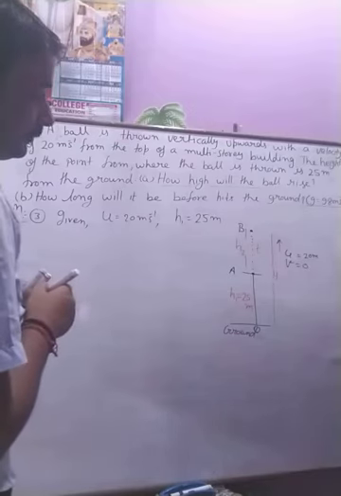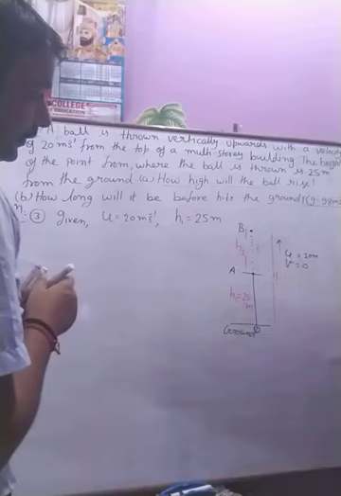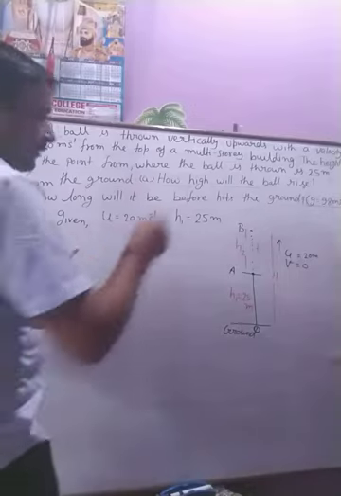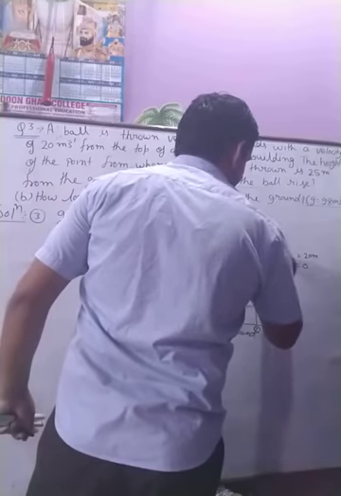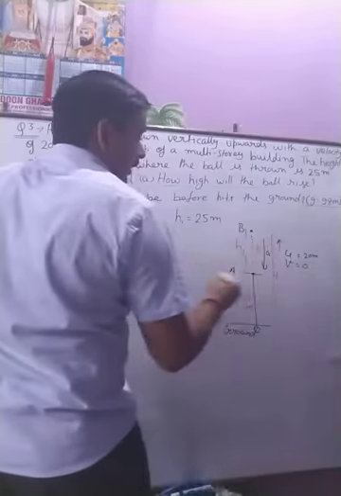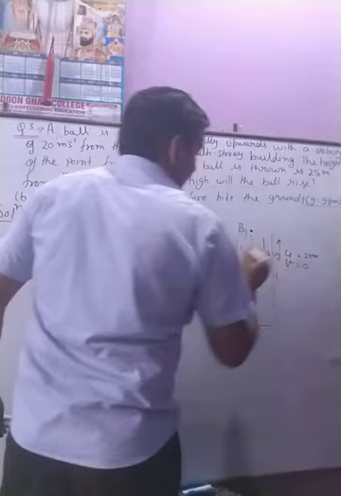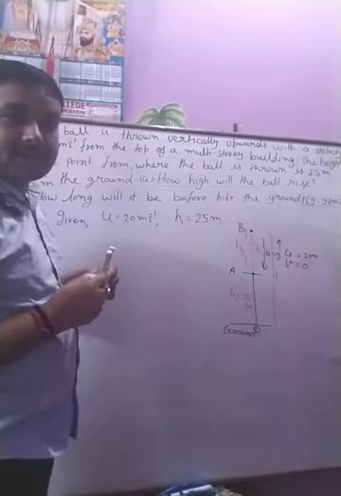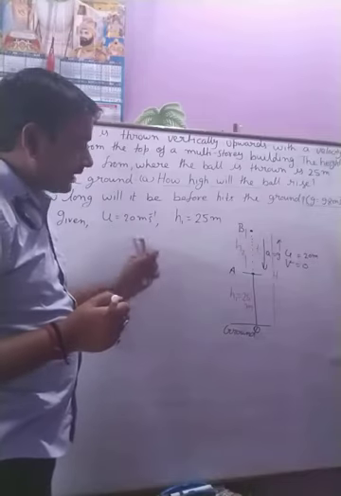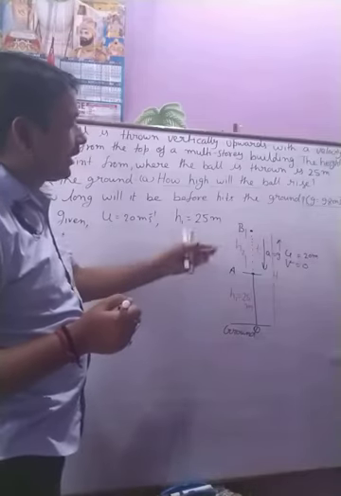And acceleration we have downward, which is equal to g. Whenever it's thrown vertically upward, the acceleration due to gravity works on it.